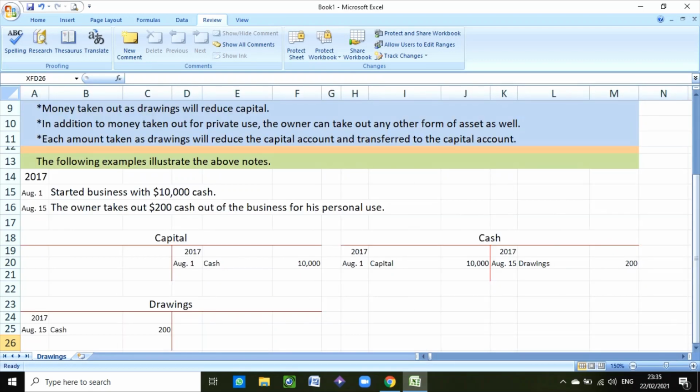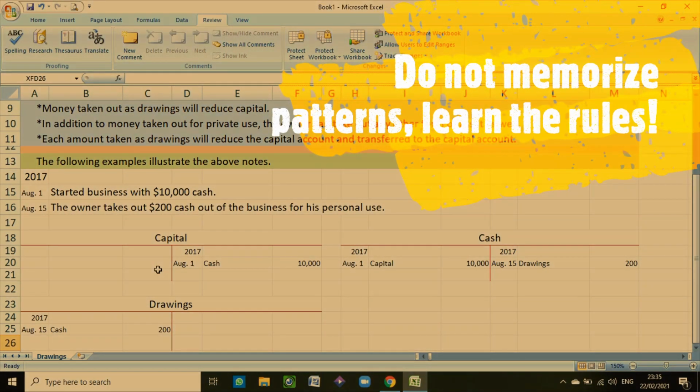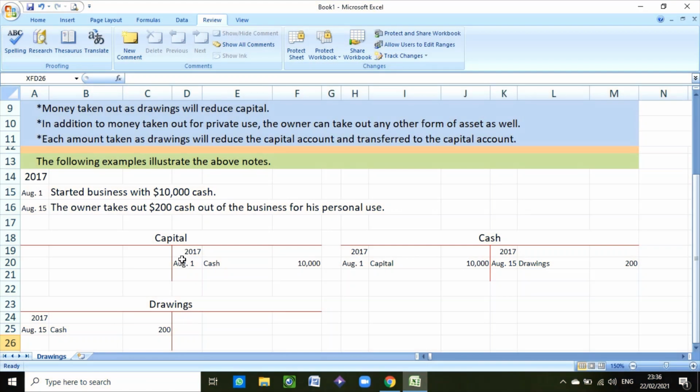A common trick I've seen my students use when I first introduce the drawings account is that they say every time you use the drawings account you will debit, because the first two letters of the word drawings is DR, and capital, you will always do a credit entry because of the letter C, a pattern that perhaps doesn't work always, especially when you know how to use these two accounts properly.